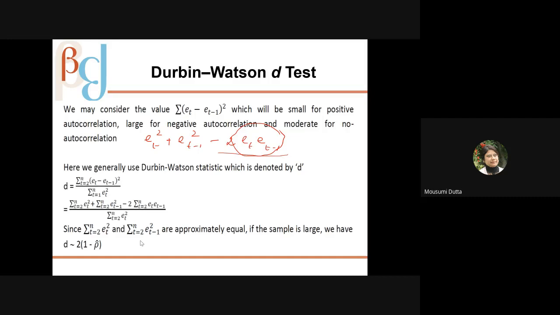So in the numerator, I am writing 2 summation et square, minus 2 summation et et minus 1.